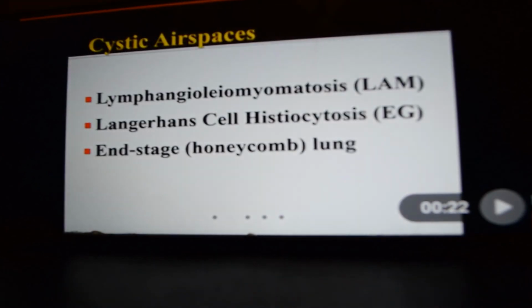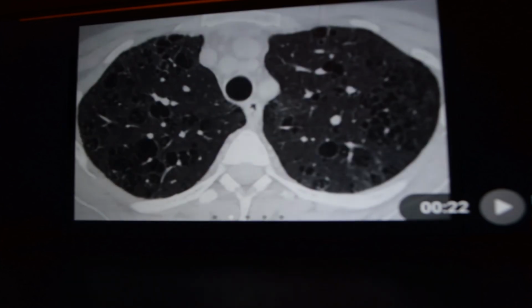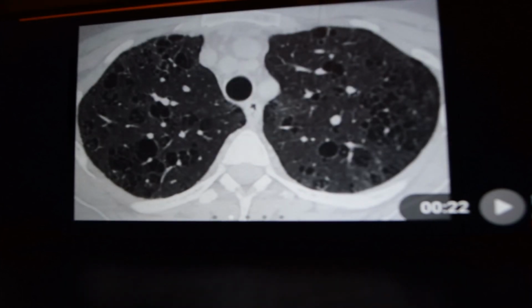Now, if we talk of cystic airspace disease, then clinically we come across lymphangioleiomyomatosis, Langerhans cell histiocytosis, and end-stage lung. So this type of CT scan, if you come across, clearly shows that there are cysts.